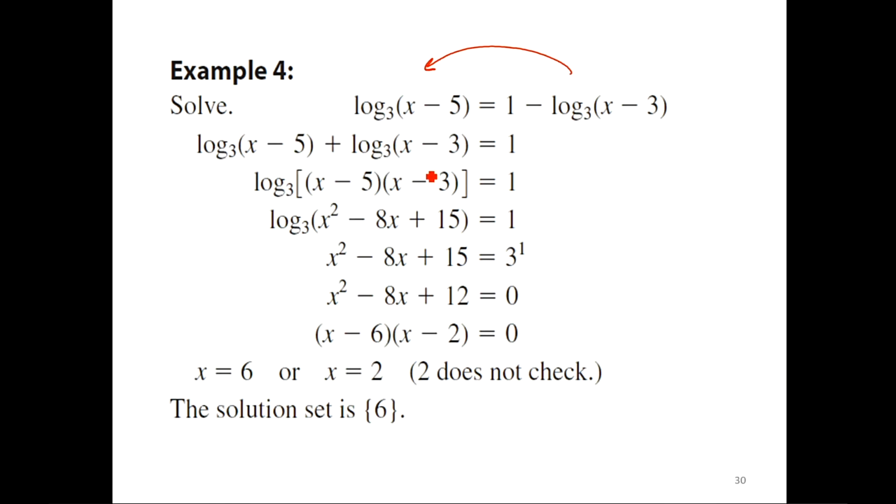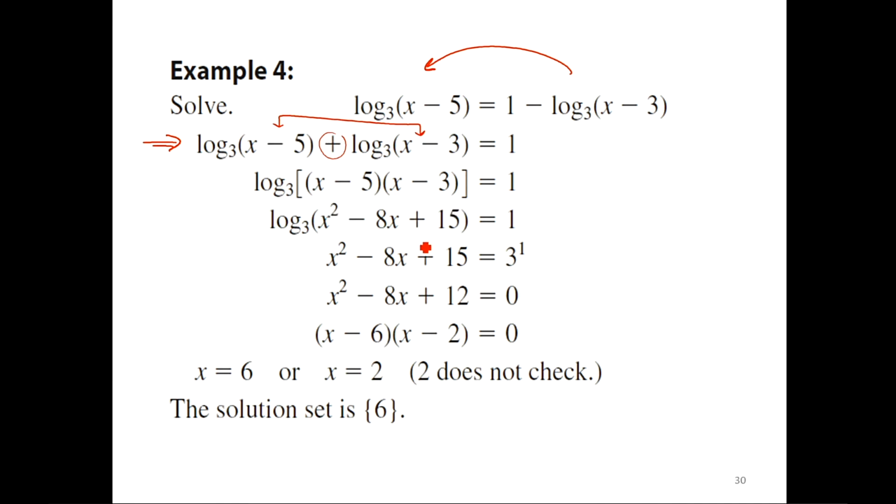So we have this one, equal to 1, and put the logarithms into a single logarithm. If we have many logarithms, put them into a single logarithm. This is plus, so this is multiplication between them. So we have x minus 5 multiplied by x minus 3.